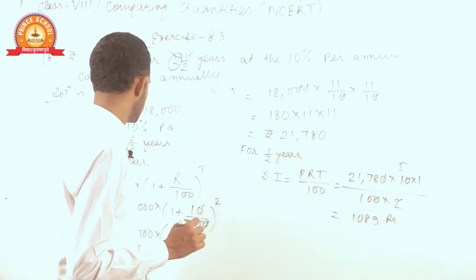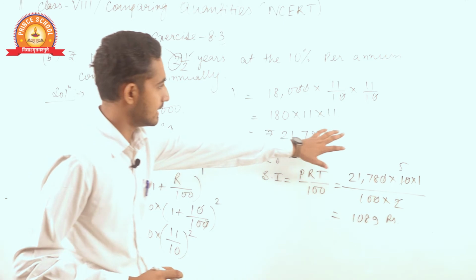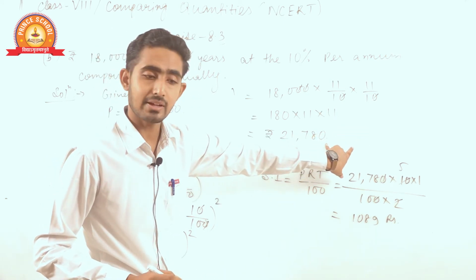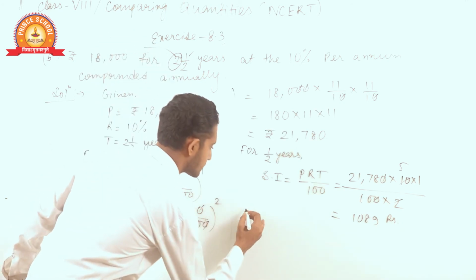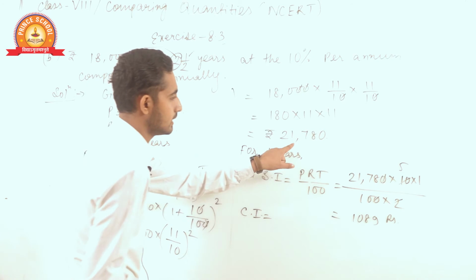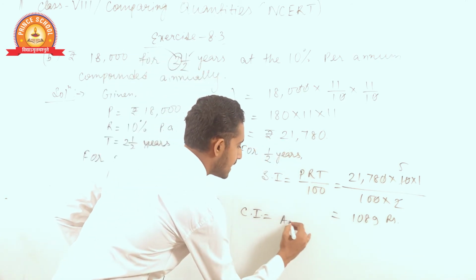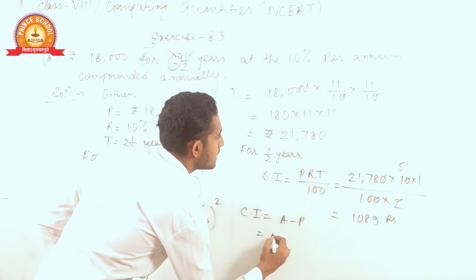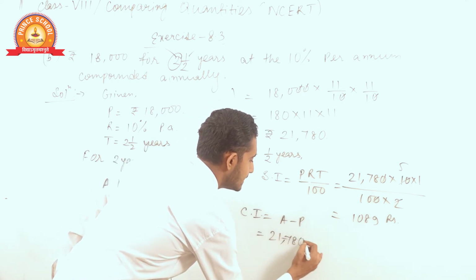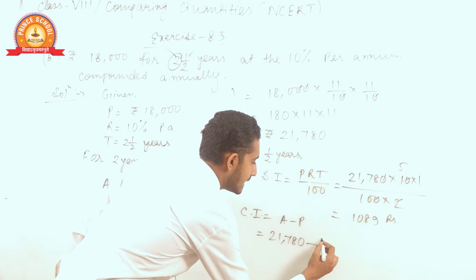Okay. So in your question, that is your amount. So first of all, I have to find out CI. What is the value of CI? Let's see. CI is equal to, compound interest is equal to, that is amount A minus P. A is equal to how many? 21,780 minus, that is 18,000.